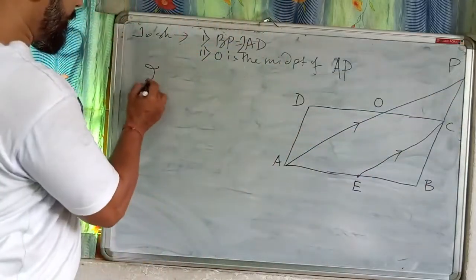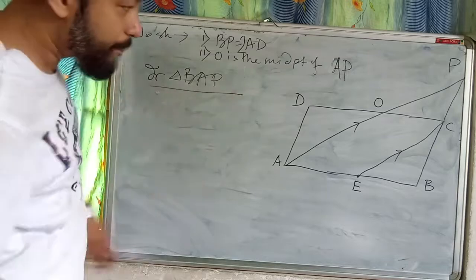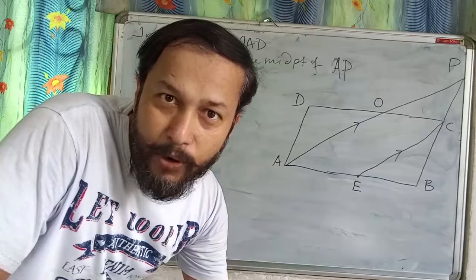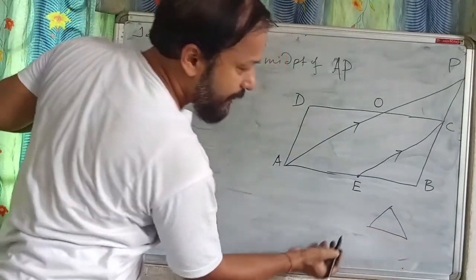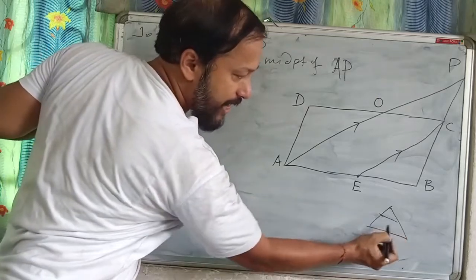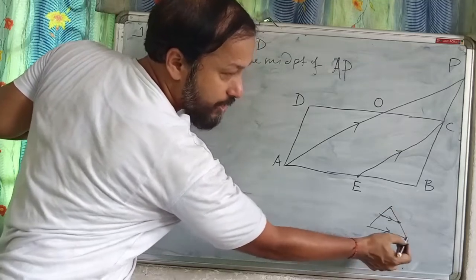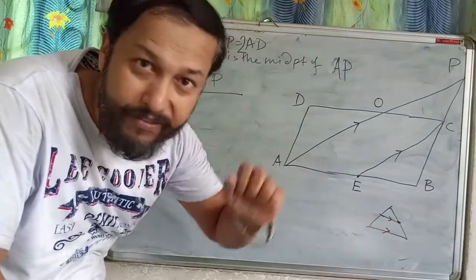In triangle BAP, we know from the midpoint theorem that for a triangle, if this is the midpoint of this side and this side is parallel, then obviously this is the midpoint of the other side. Already we discussed this in the first part of the video.